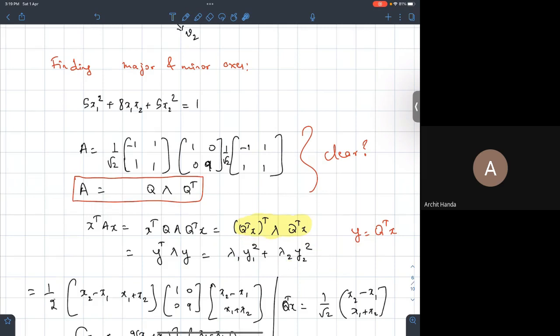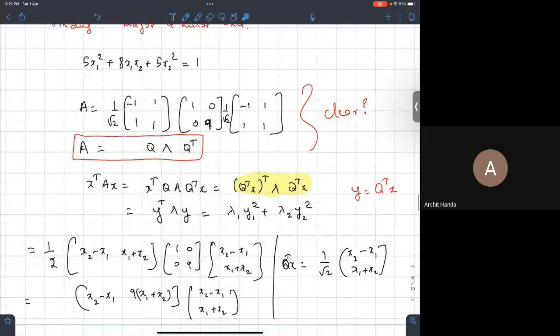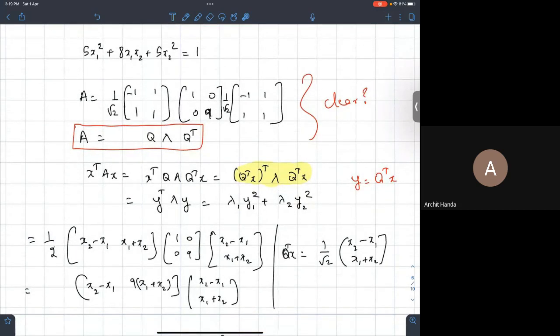Equation of ellipsoid. Yeah, it's an ellipse. Anyway, it's 2D, so it's an ellipse. Okay, so now I can write this out explicitly. I've just done some hard work for you folks. Just follow this. Q transpose X is this.